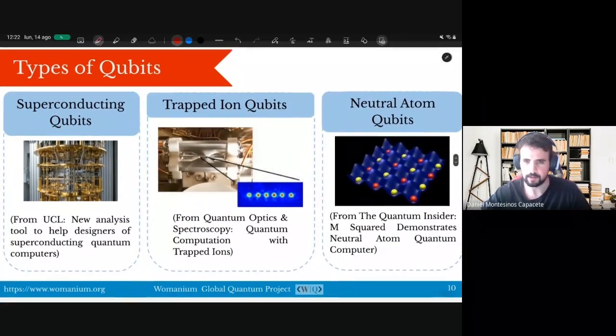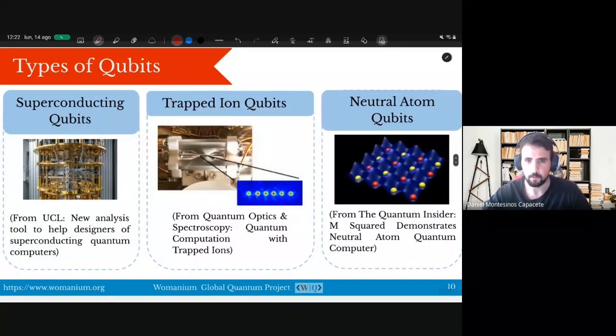So there is a lot of research on improving the qubits that already exist. And if anyone finds a new way to implement qubits that is better than the other ways, that would be great, right? So there is a lot of research going on to try to find the best way to implement a qubit in order to create bigger quantum computers that are able to do better calculations.